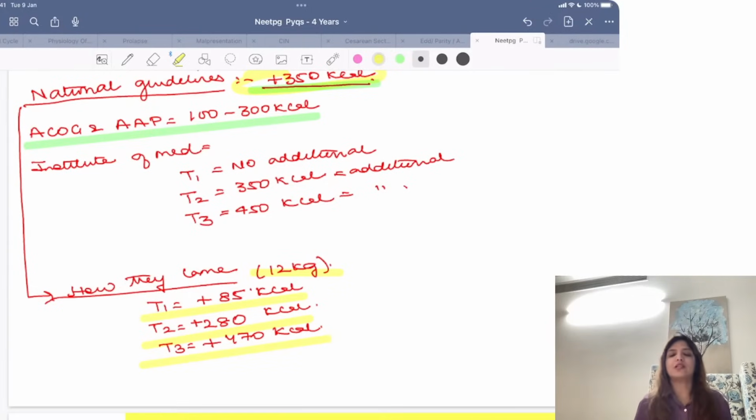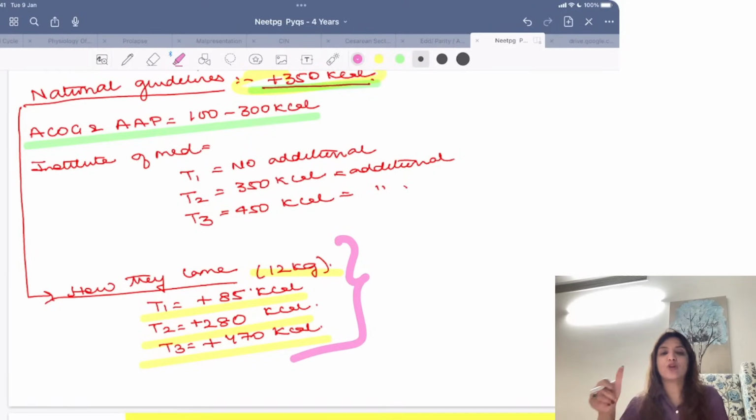So they said overall let us keep an average of 350 kilocalories in all trimesters throughout pregnancy. So whatever your park has said, additional 350 kilocalories, has come from this. From our national guidelines: in first trimester 85, in second trimester 280, and in third trimester 470 kilocalories.